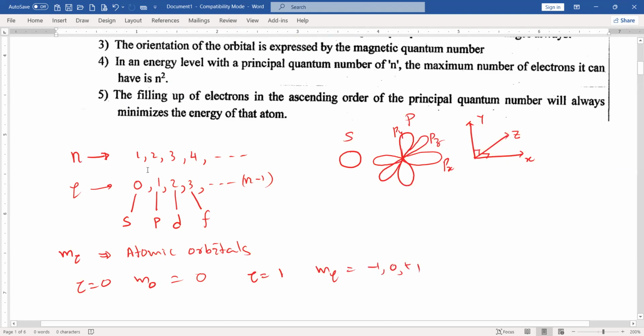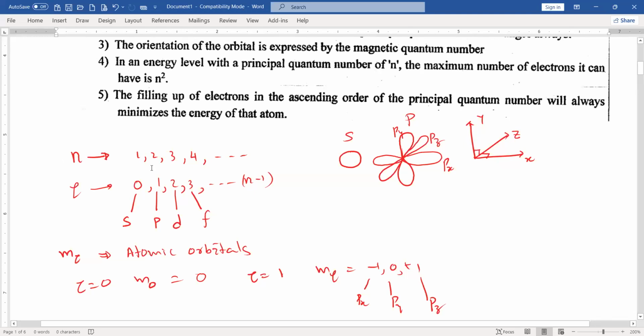That means this may be, say, PX, PY, and PZ, because we have actually the correct numbering system, but in our level, we don't consider that. So therefore, I can randomly name them as PX, PY, and PZ. Right? So this ML will give us the atomic orbitals like this PX, PY, and PZ.